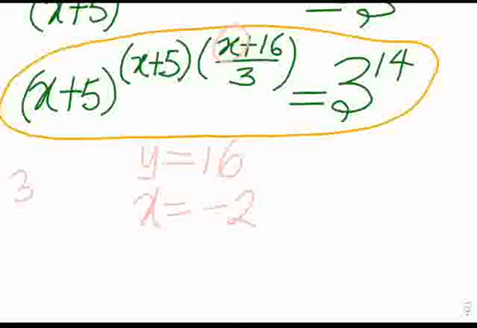Minus 2 plus 16 here, that is 14. 14 over 3 is what you will have there, multiplied by the 3 obtained here. The 3 cancels the 3, and then we're going to have 14 left. That is the 14 here. So the whole of this gives 3, and the whole of this gives 14 if we substitute in minus 2 for x. So the solution to this question is y equals 16, and then x equals minus 2.